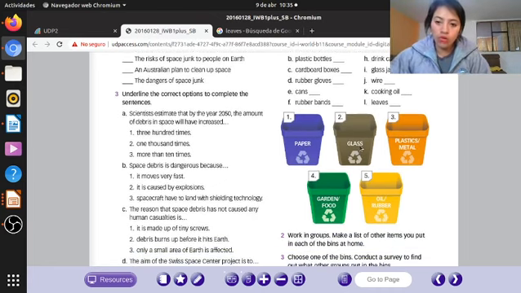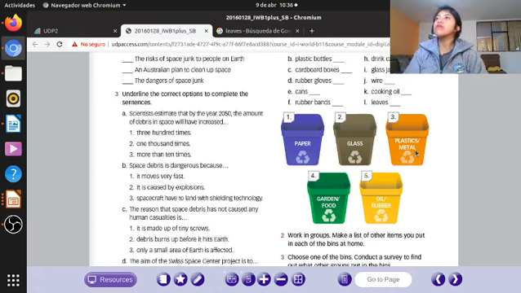The windows are made of glass. And also we have plastic and metal. You know plastic, this was plastic. And metal, you know metal. Here I don't have anything for it, but this is metal.